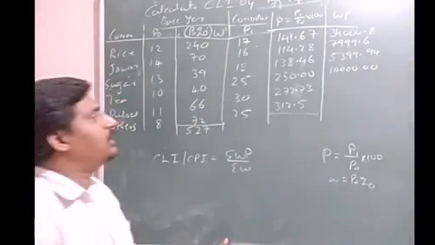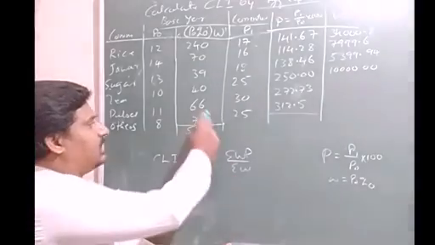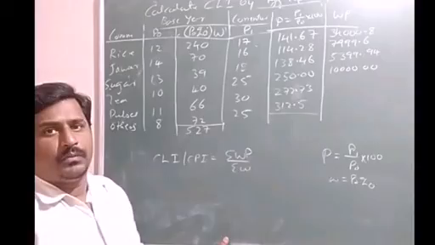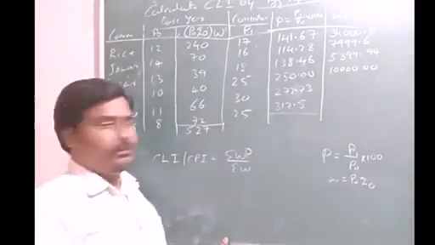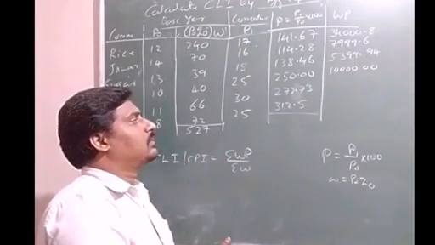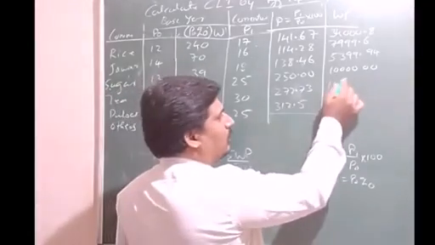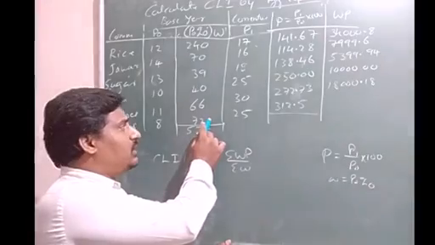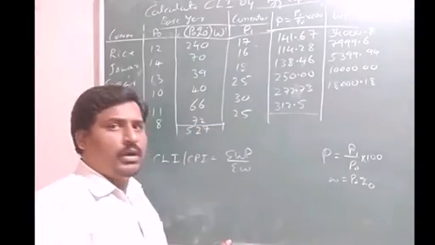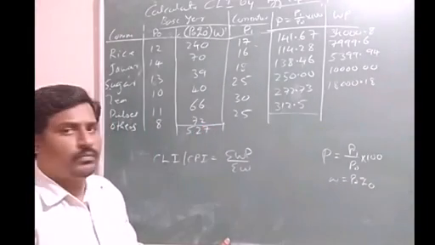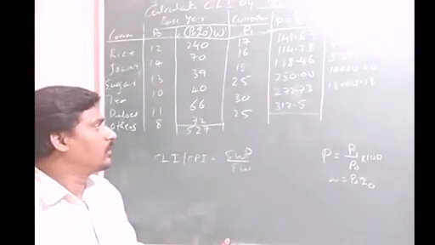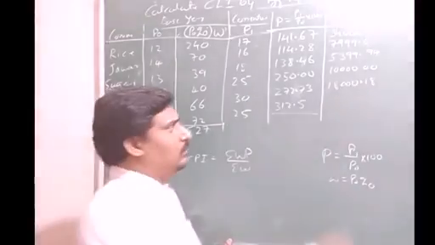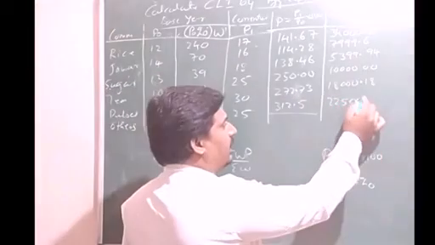Next, 66 into 272.73, 18,000.18. Last one, 72 into 312.5, 22,500.